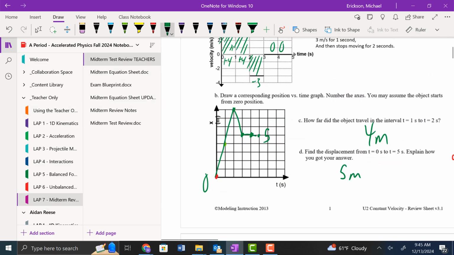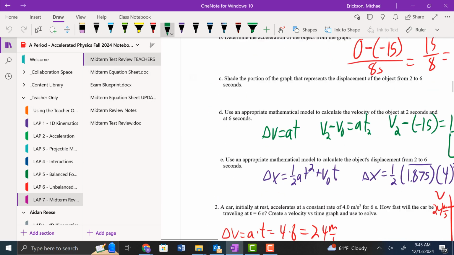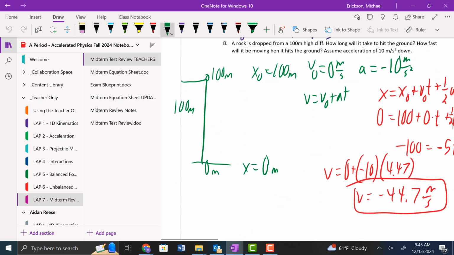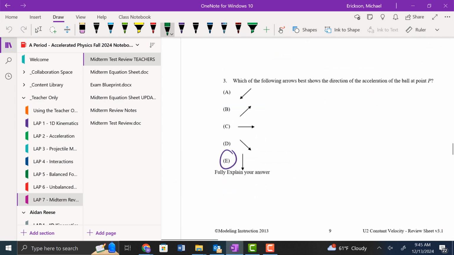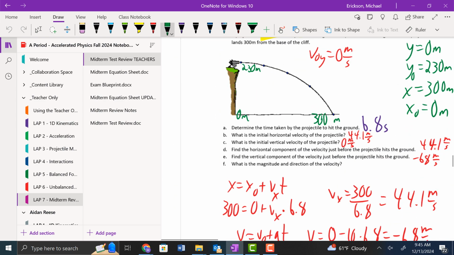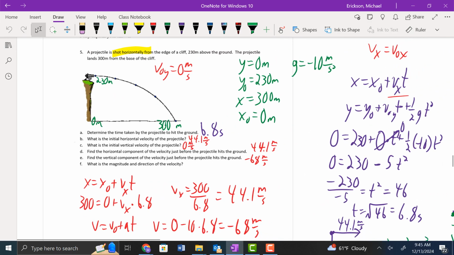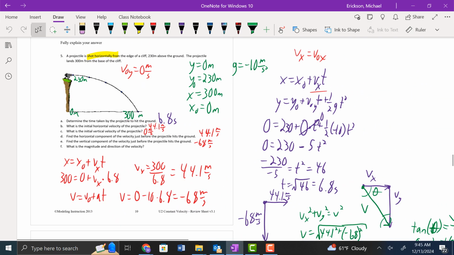Just going back to your midterm review, if we go all the way down to this cannon problem, this is a great example. I think what gets kids is sometimes they write out the equation and they just stop working because they think, I don't have enough material here. But if you ever get 0 times something, you know all of that's 0. And that's what happens in this problem.